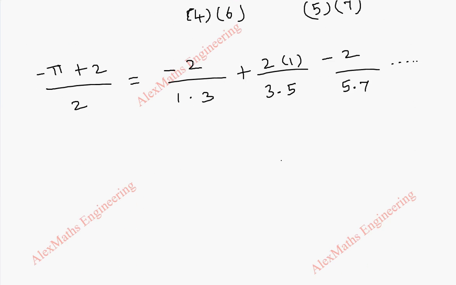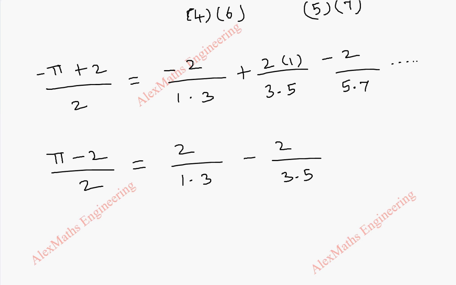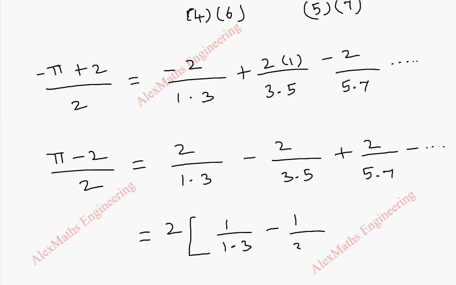Now I'm going to change the sign throughout. So this becomes pi minus 2 by 2 equal to 2 by 1 into 3 minus 2 by 3 into 5 plus 2 by 5 into 7 minus dot dot dot. Now taking 2 common here, this is 1 by 1 into 3 minus 1 by 3 into 5 plus 1 by 5 into 7 minus dot dot dot.